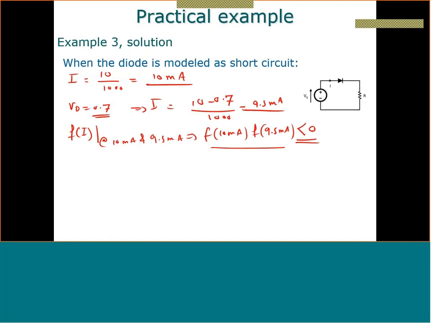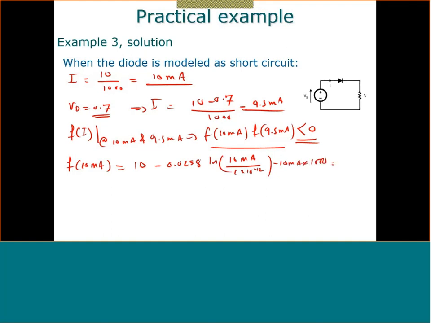So I will go back to the function that I developed, and I will find F at 10 milliamps. This is equal to 10 minus 0.025 times ln of 10 milliamps divided by 1 times 10 to the minus 12, minus 10 milliamps times 1000, and this is equal to minus 0.594.